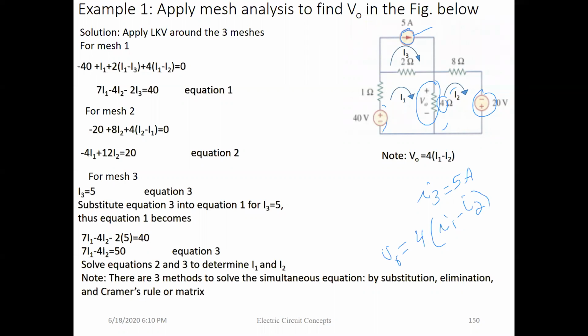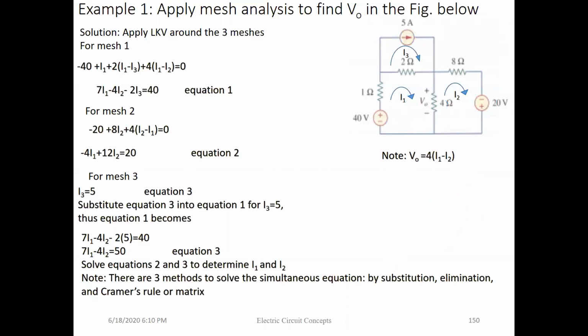Now, why did I pick I1 minus I2, not I2 minus I1? Because see the plus sign here, it indicates that the current I1 is going down, and since this is a plus, we have to start with I1.